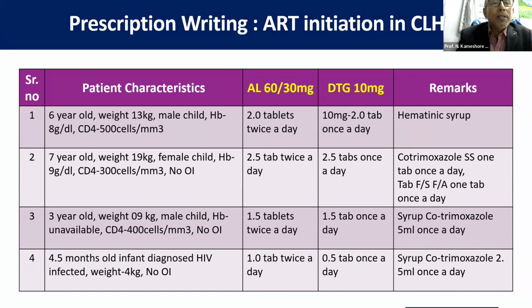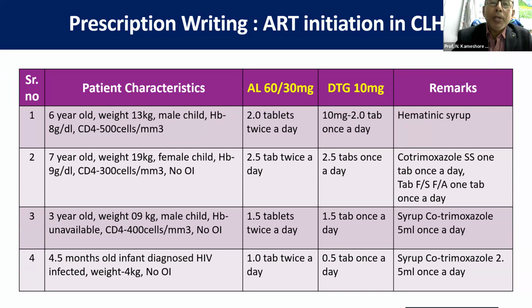In the second scenario, if the child is a 7 year old, weight 19 kg, female, hemoglobin 9 gram per deciliter, and CD4 300 cells per cubic millimeter, and no OI. Here, the ART is 2.5 tablets twice daily of abacavir lamivudine 60 by 30 milligram tablet.